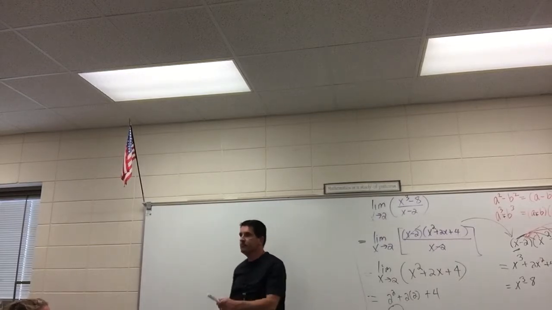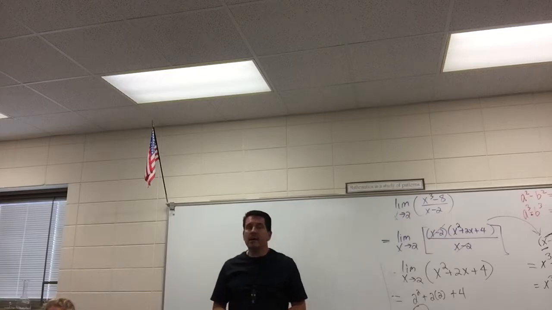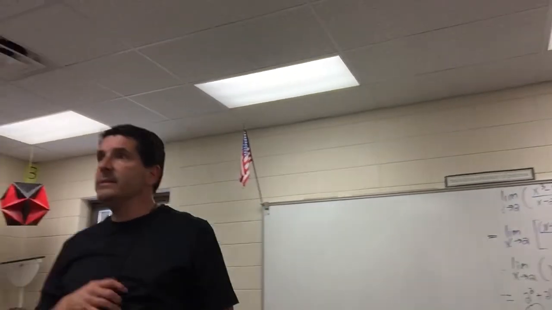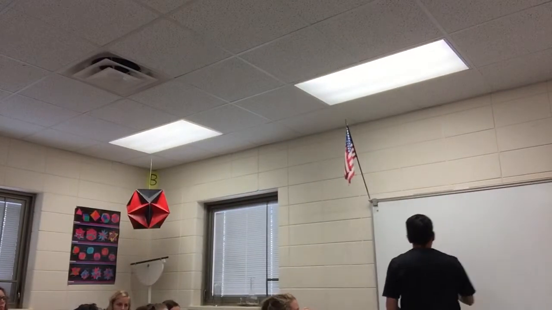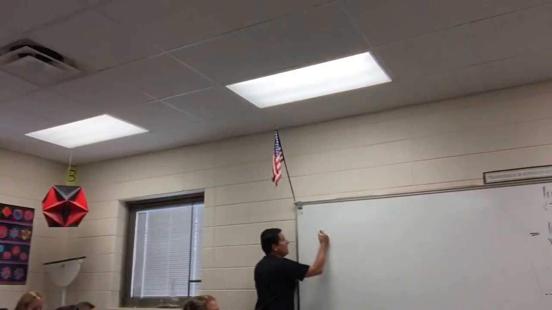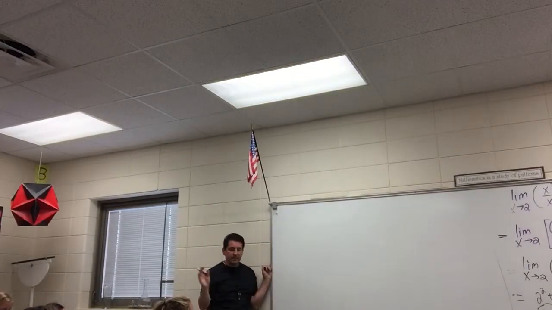Why do we say f of c must exist and the limit must exist? Why can't we just say the limit is equal to the functional value? Great question. I can see what you're saying, why can't we just go directly at it?